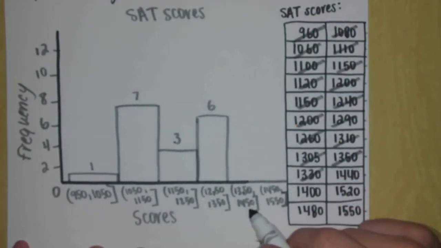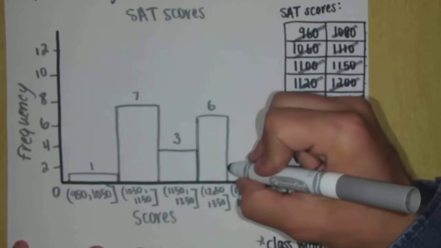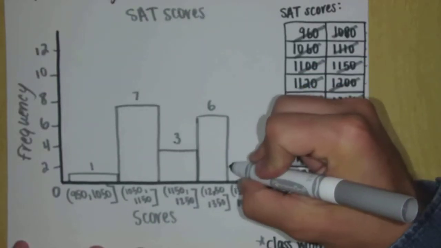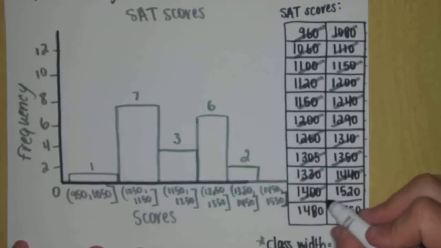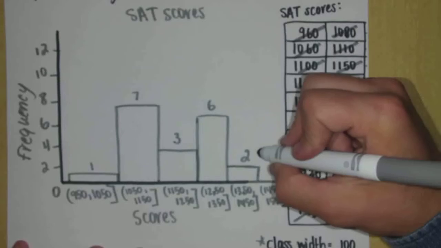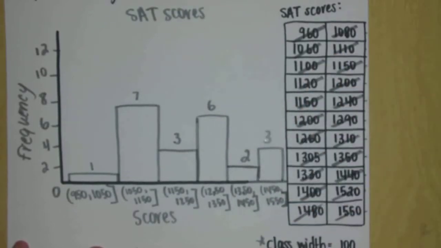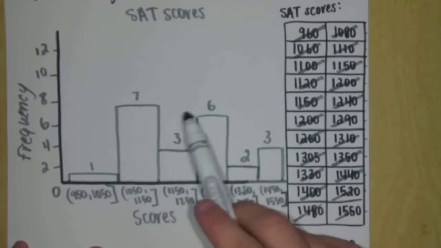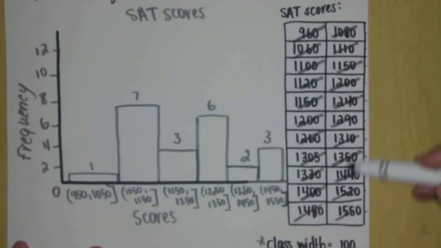Then I've got 1350 to 1450, so that's another 2. And then my last class, every other number I've left, 1, 2, 3, make that final bar. And again, we kind of ran out of room here, but you can see 10, 11, 17, 19, plus 3 is 22, which is as many values as I started with. This histogram would be good to go.